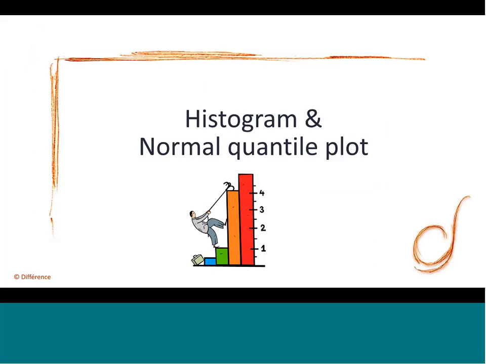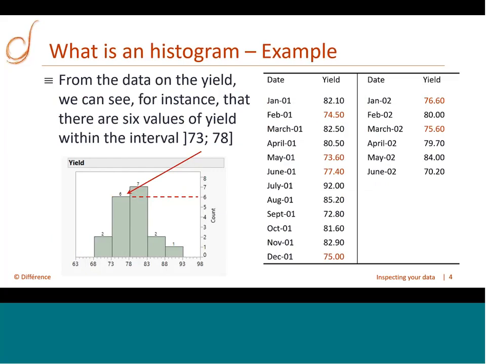So first, the histogram and the normal quantile plot. Before we learn how we can see cheating in the histogram, I'll just quickly explain what a histogram is. On the right, you have yield data, which is a percentage. The higher, the better. And it's a yield value per month.